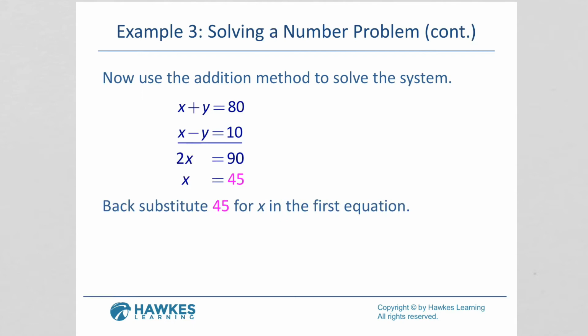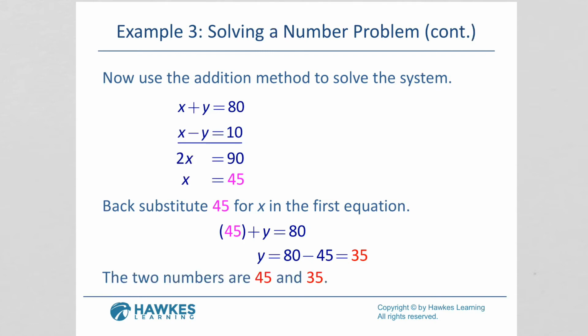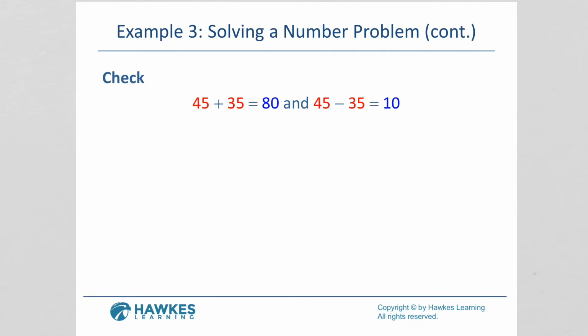When I back substitute 45 for x in the first equation, I have 45 plus y equals 80. Subtract 45 from both sides, y equals 35. The two numbers are 45 and 35. And we can check that by plugging those in, and we see that 45 plus 35 really is 80, and 45 minus 35 really is 10.